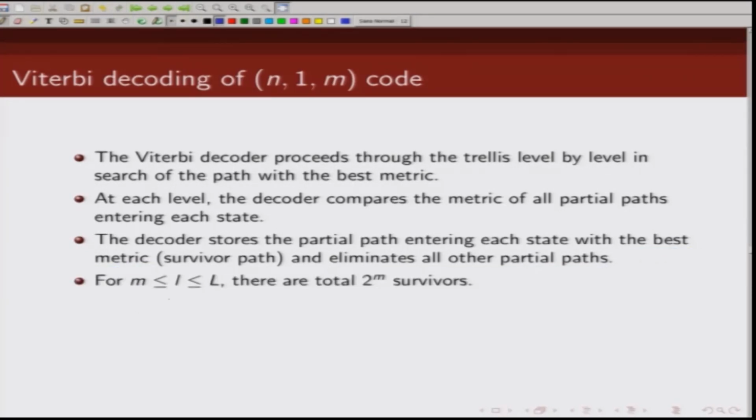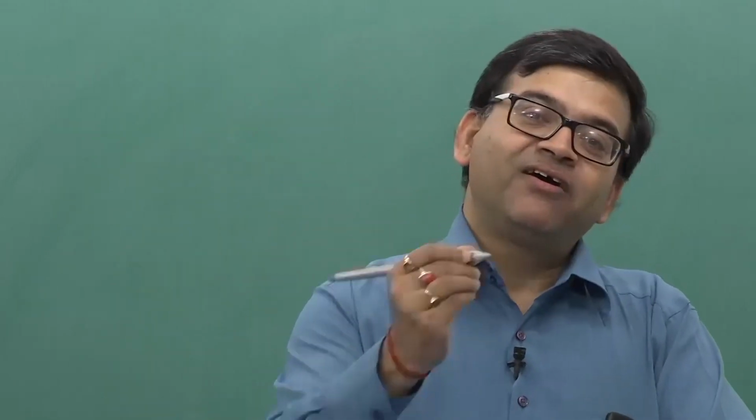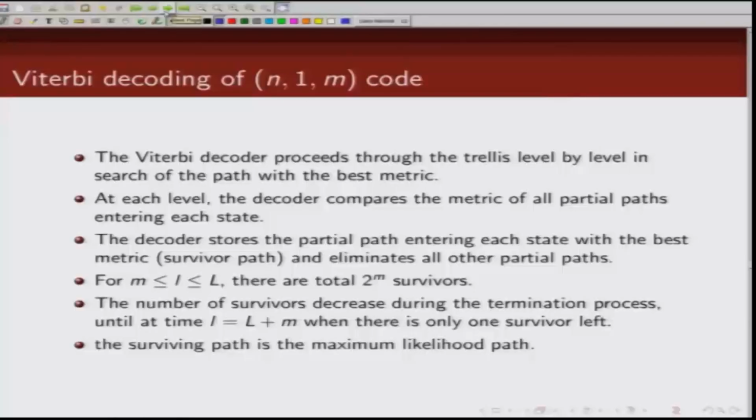So, for time instance L between m and L, there will be a total of 2^m survivors, and during the termination process the number of survivors will diminish until we reach the final all 0 state, where we will be left with only one survivor, and then we backtrack to get back our decoded path or decoded code word.